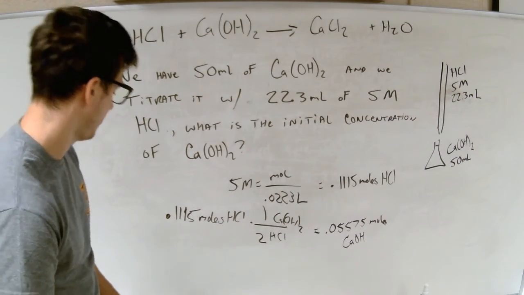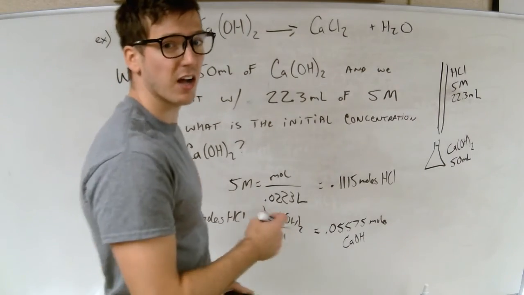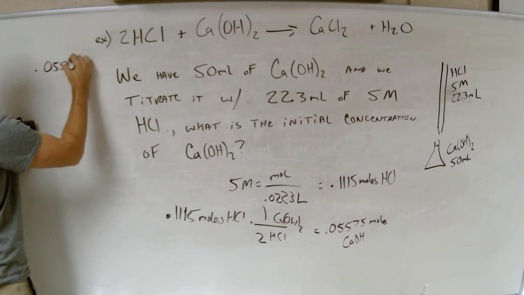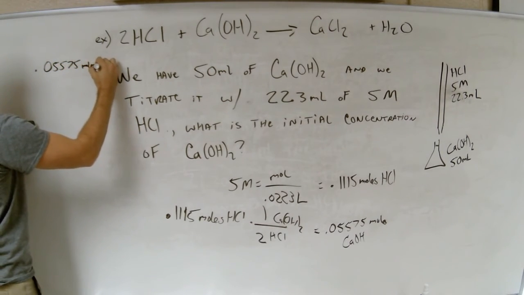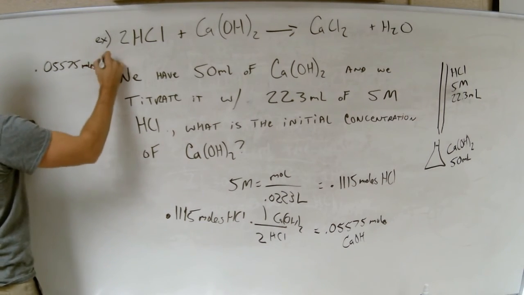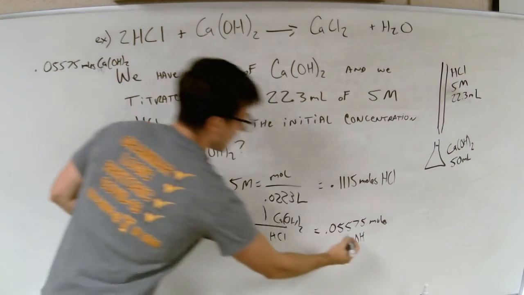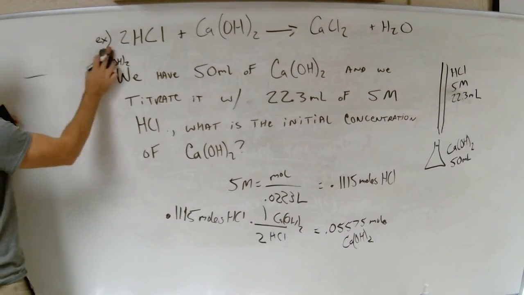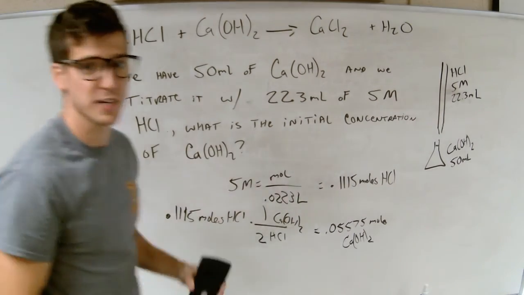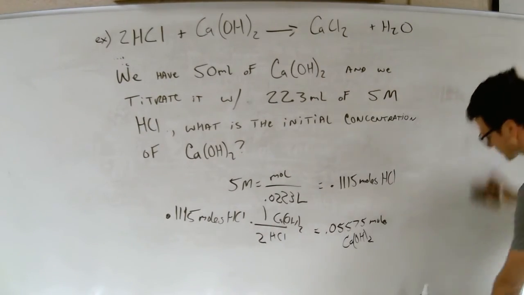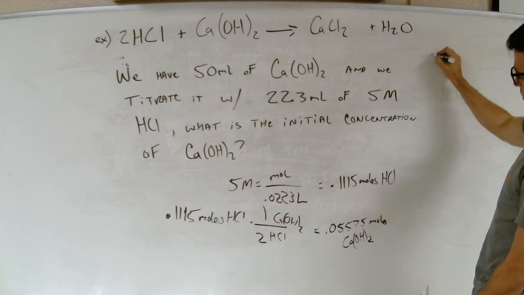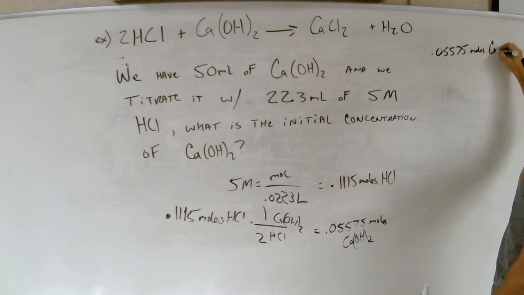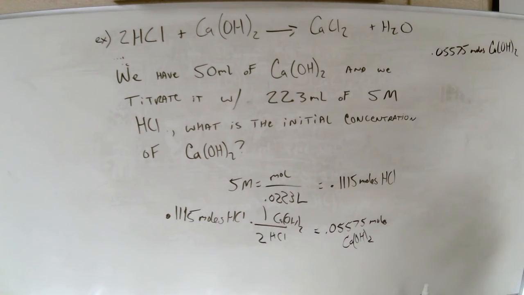All we have to do now is put moles over liters, right? I'm going to do that over here. You know what? I don't like that it's crowded over here. Let's go over here by our picture, right? We had 0.05575 moles of CaOH2.